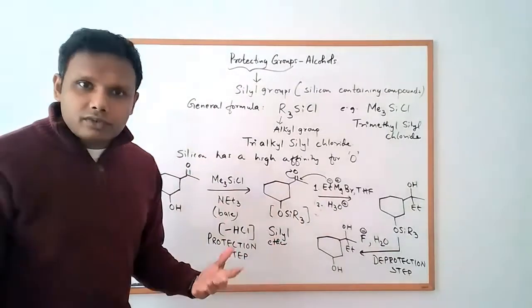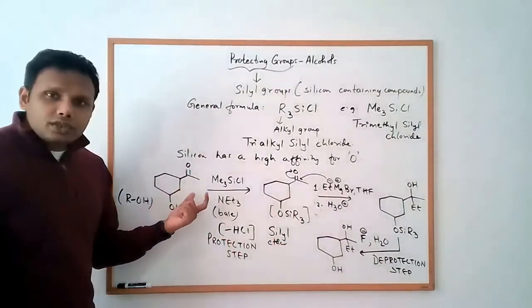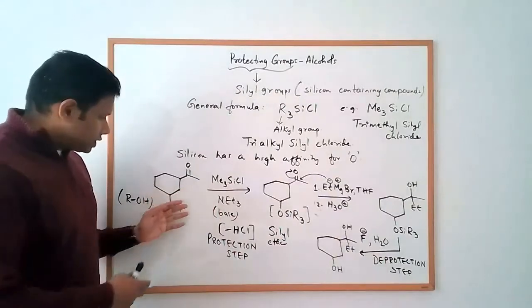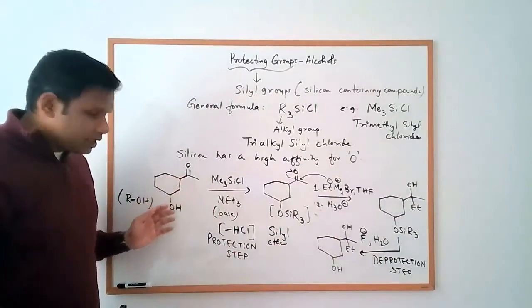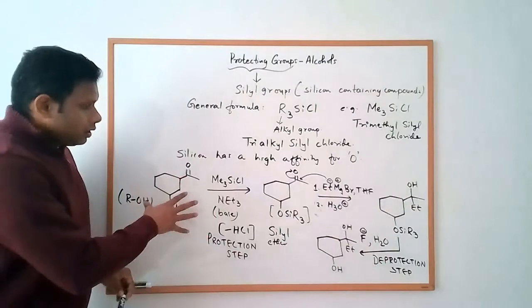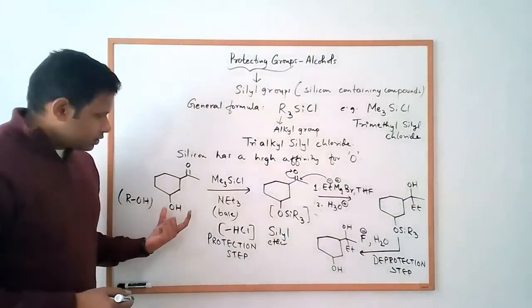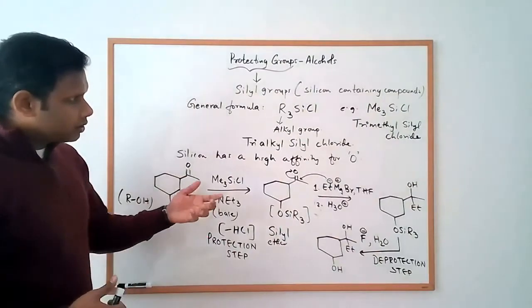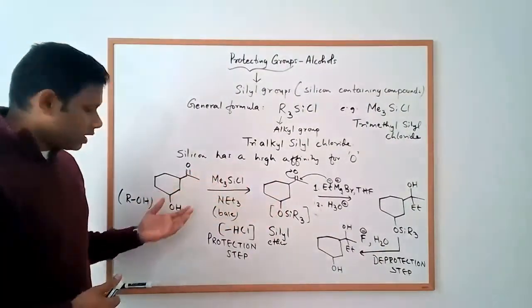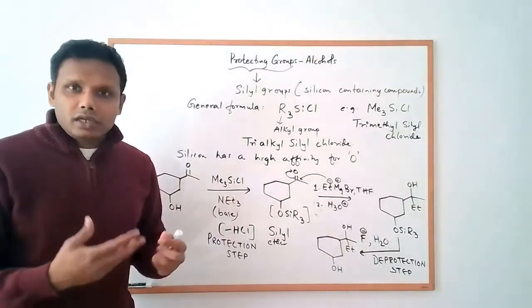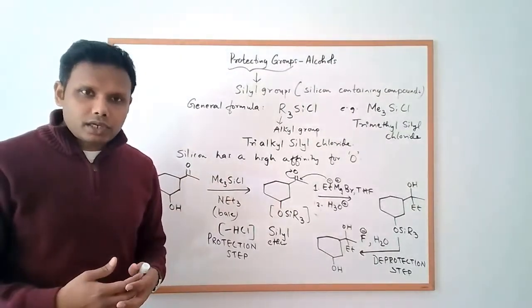And what we can achieve by this is we can actually do a Grignard reaction on a substrate which had an acidic proton. Right now we are talking specifically about alcohols, but the reaction of Grignards with any substrate that has an acidic hydrogen is going to result in an acid-base reaction.